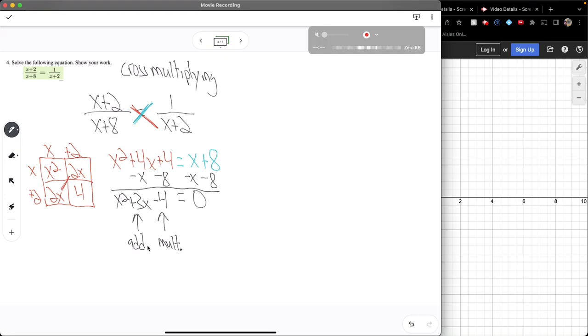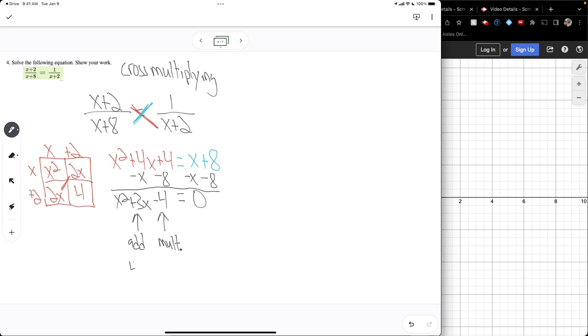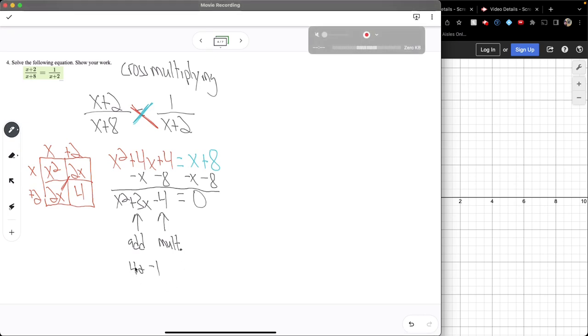Those two numbers are going to be positive 4 and negative 1, right? 4 plus negative 1 is 3, and 4 times negative 1 is negative 4.